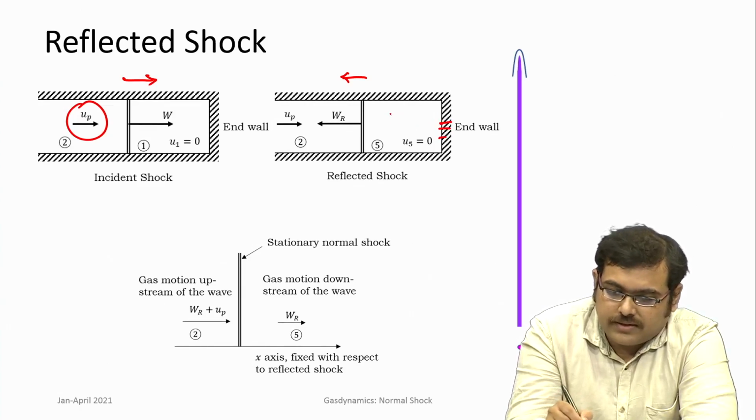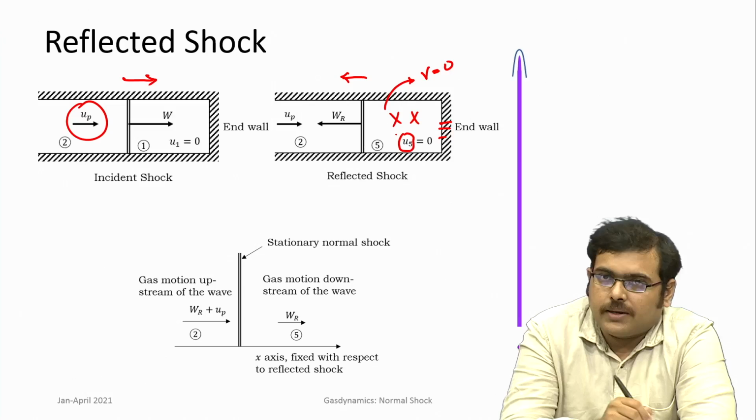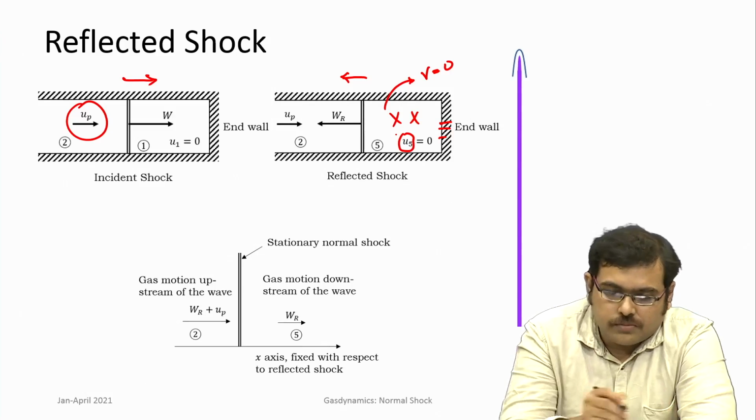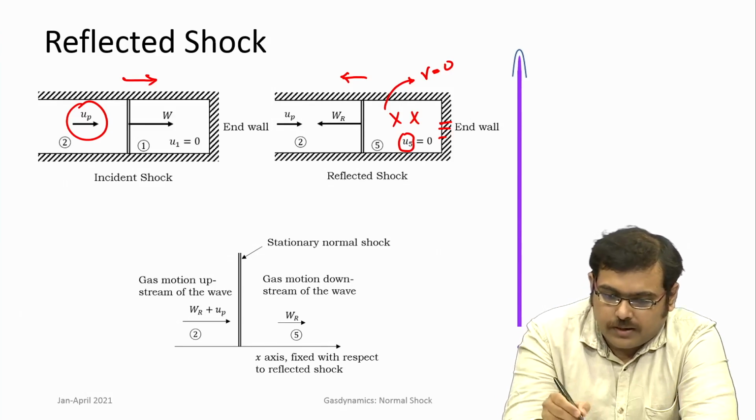That means, at these places, the velocity is 0, V equal to 0. This term U5 is used here, it is coming in from shock tube terminology. We will come to it soon, but velocity here is 0.